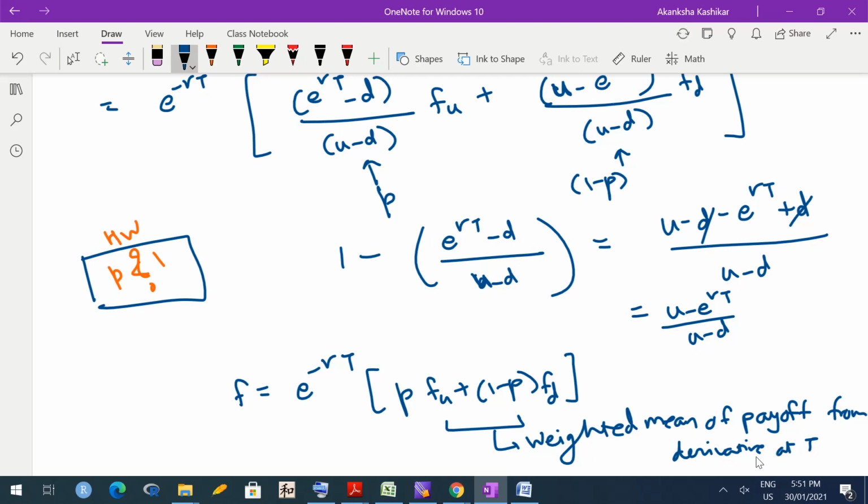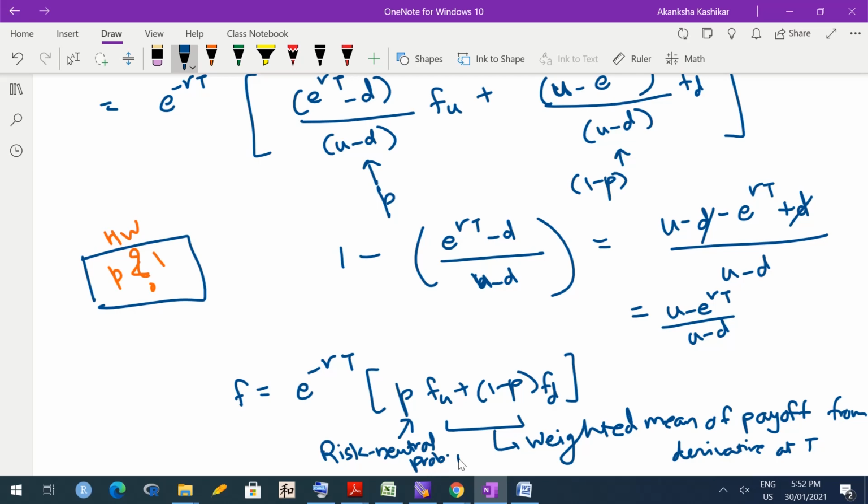But I cannot directly call it expected payoff because the probabilities of these payoffs were q and 1 minus q. This p is something completely new. This p is known as the risk neutral probability measure. This p came into picture because we were assuming a riskless portfolio.